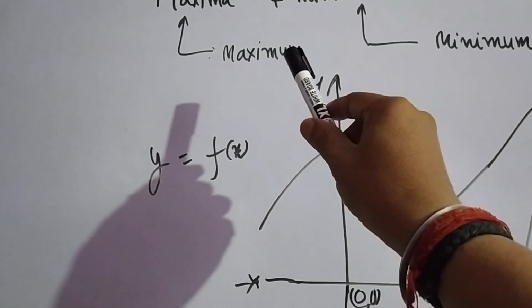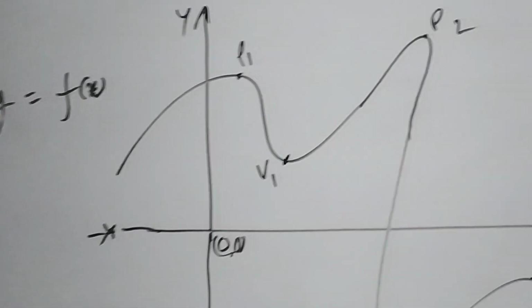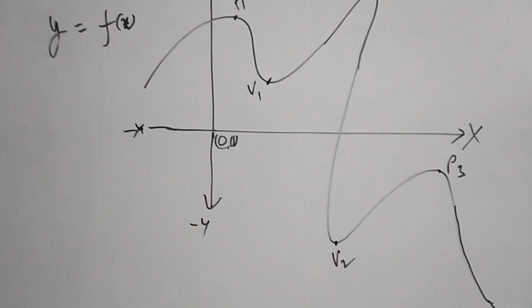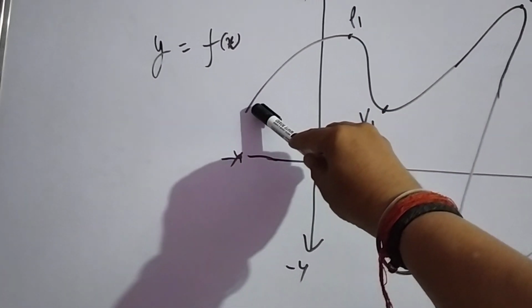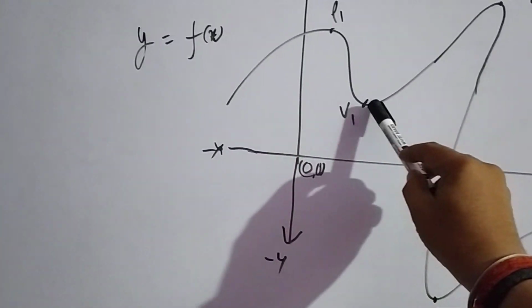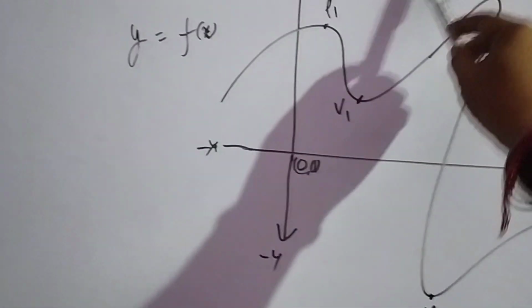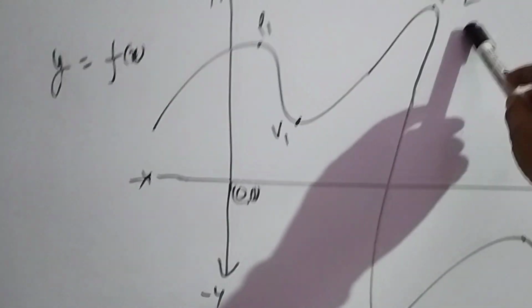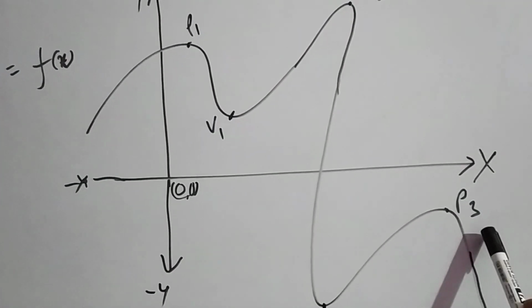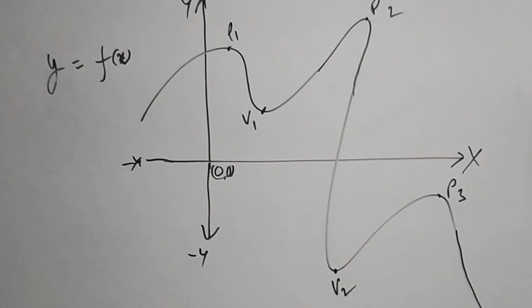If you want to relate these words with this graph, then P1 is a maxima of this curve, and this valley is a minima. P2 is also maxima and this valley is minima.